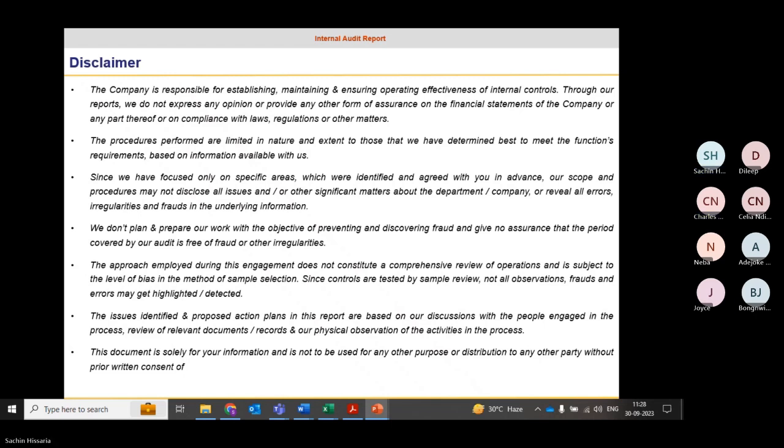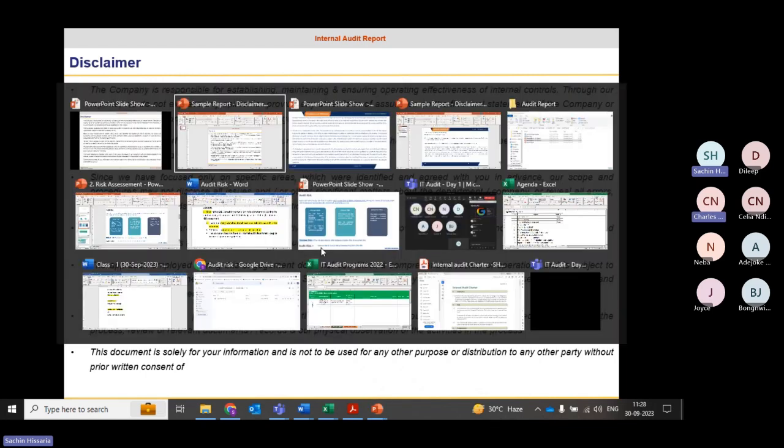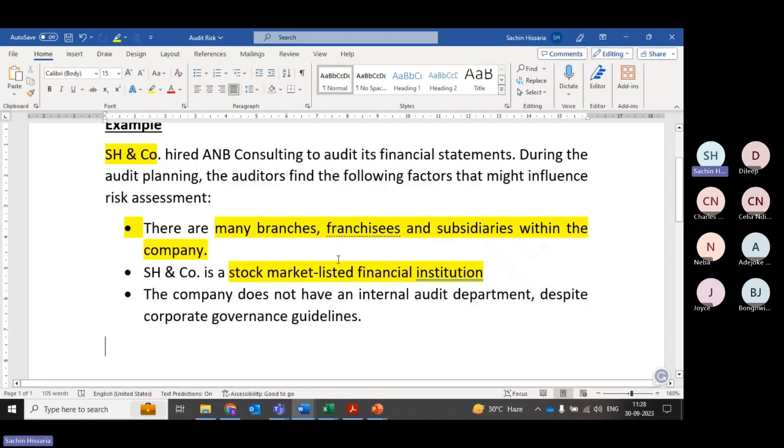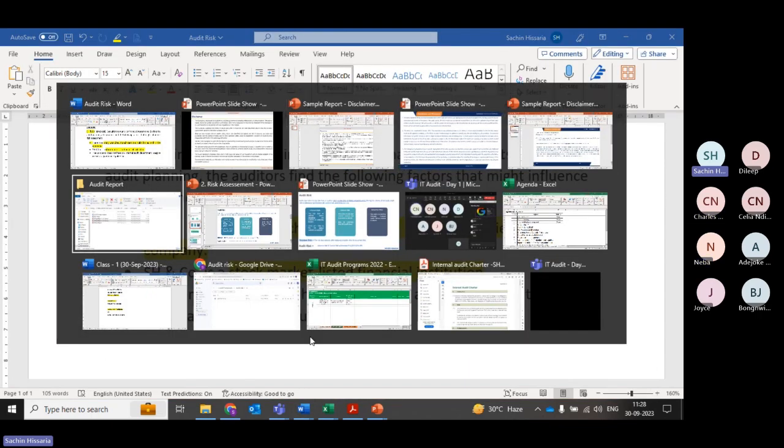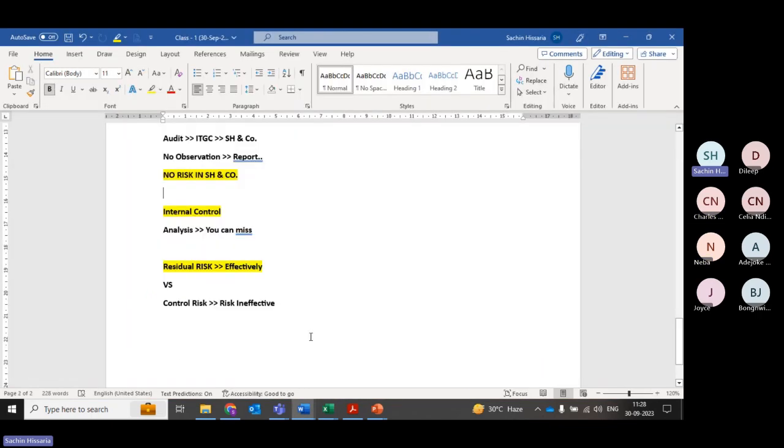In the next paragraph it is also written that we don't plan and prepare our work with the objective of discovering fraud, and give no assurance that the period covered by the audit is free from fraud or other irregularity. So there is one more terminology, guys. In audit, you might have seen that the auditor will always put that our audit report gives a reasonable assurance. Reasonable assurance, what does it mean?